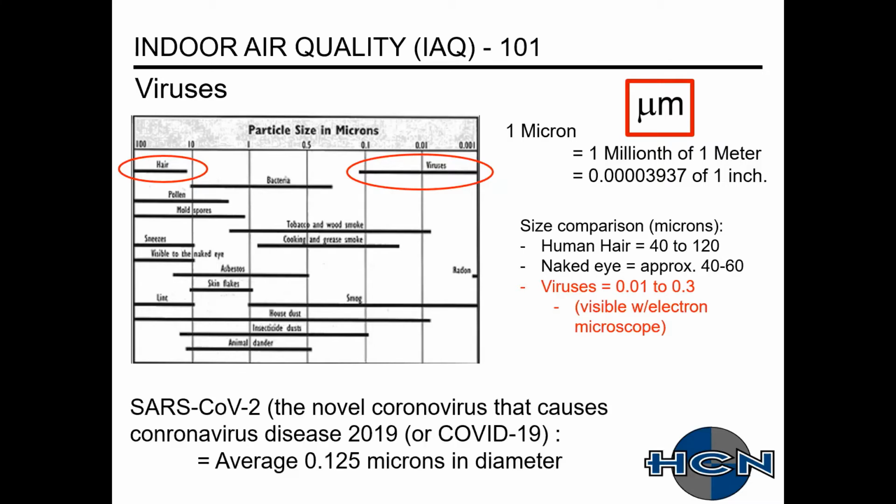And then, as recent events everybody's aware of, there's a SARS-CoV-2 virus that's a new coronavirus that causes the coronavirus disease, which is also known as COVID-19. The approximate or average size of the SARS-CoV-2 virus is 0.125 microns in diameter. So obviously very, very extremely small.